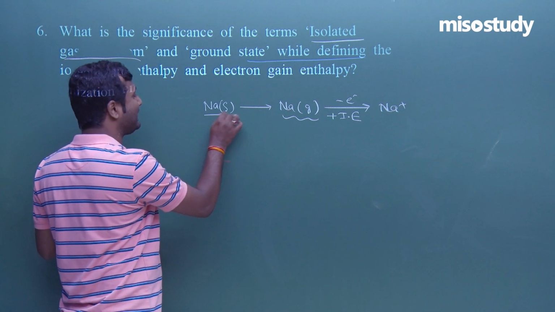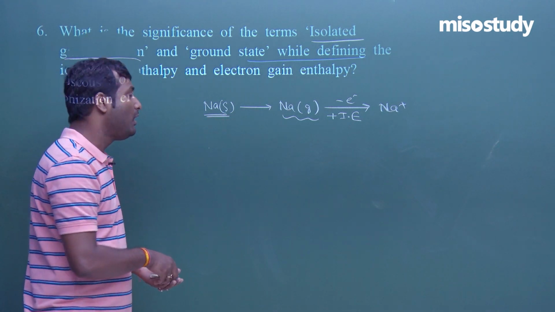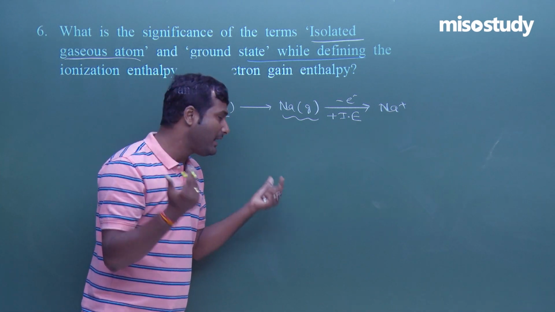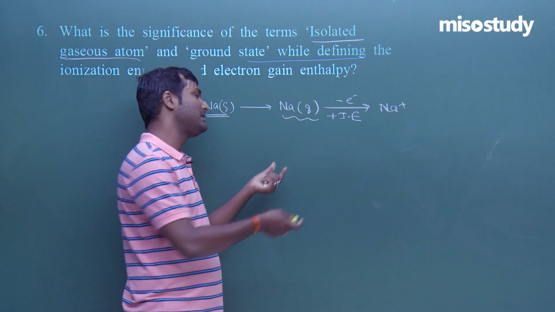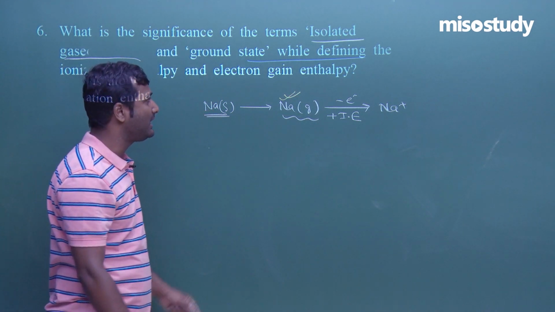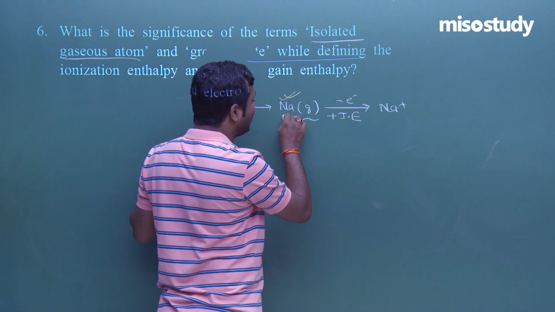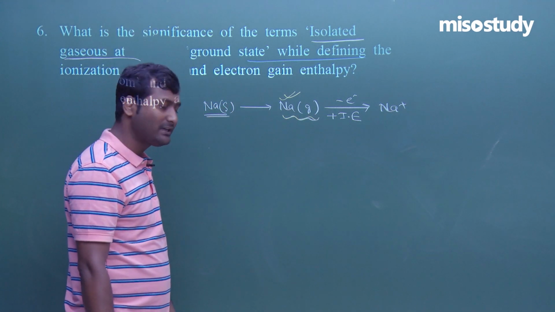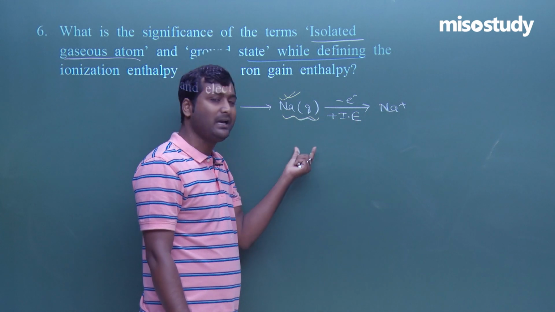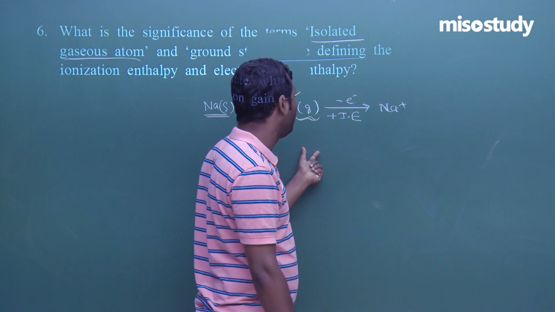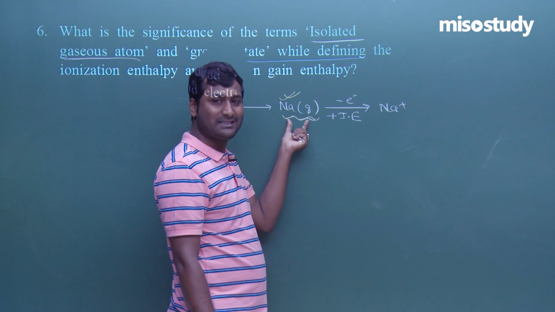So an isolated gaseous atom is an atom which is free from other atoms. We do not require more energy to release that atom. This is in a free state. And in the case of ionization energy, we use the isolated gaseous atom. What is ionization energy? The minimum energy required to remove an electron from an atom in the gaseous state.